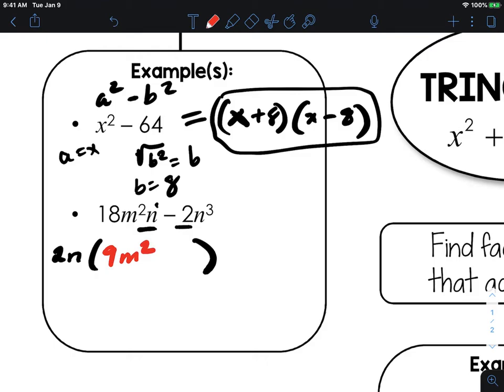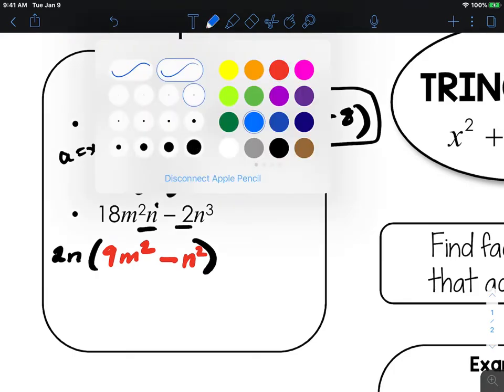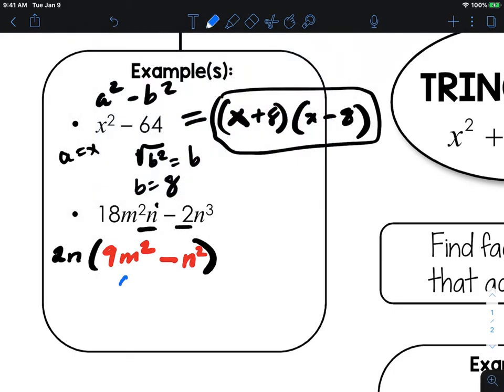Do I need an n? No, I already have the n. Right. What else is going to be left behind? Minus, I'll need the 2 on the outside, but I'll need an n to the second. All right, so now I'm looking at this inside of the binomial like an a squared minus b squared.